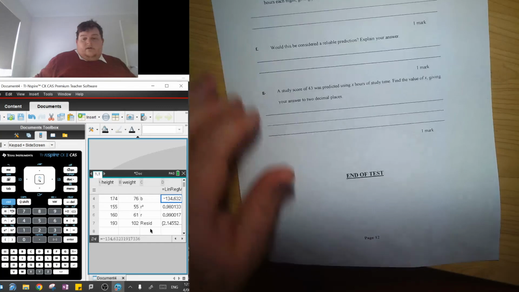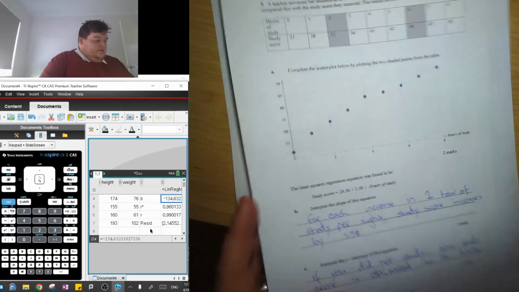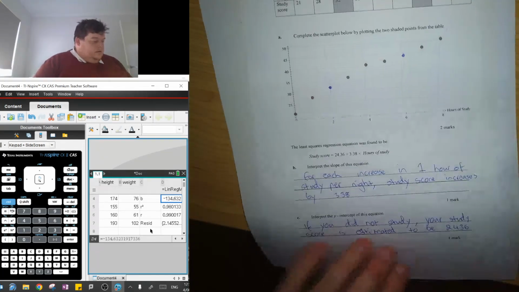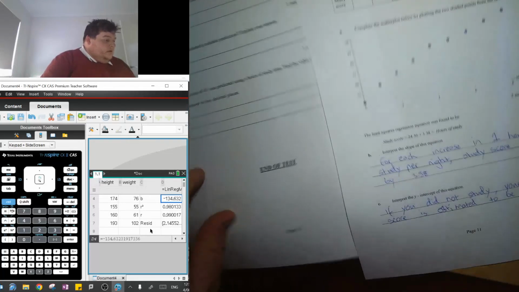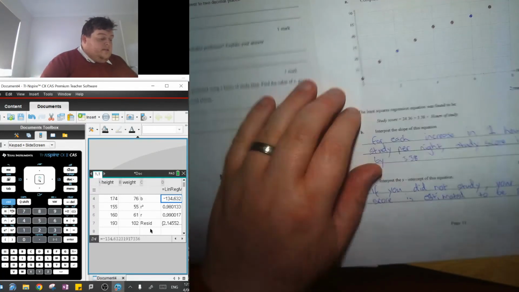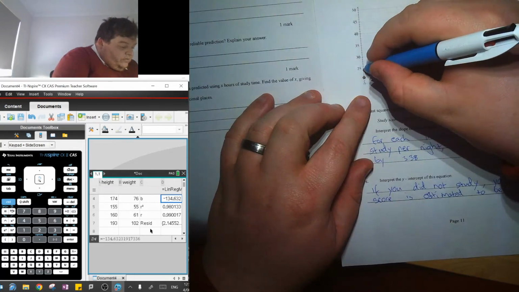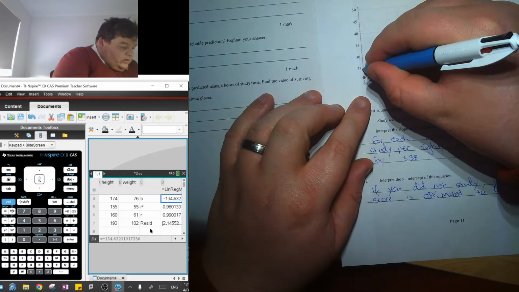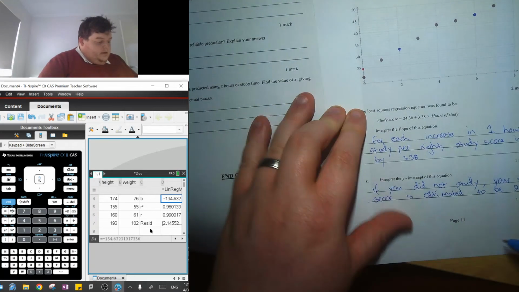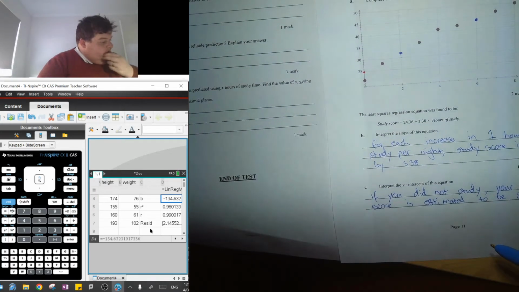Sketch. Oh, I've got to go back to this one. Sketch the least squares regression line. All right. Well, I'll change colour so it stands out a bit. So the study score is 24.36, so we'll say that's about there. And we can find another point.